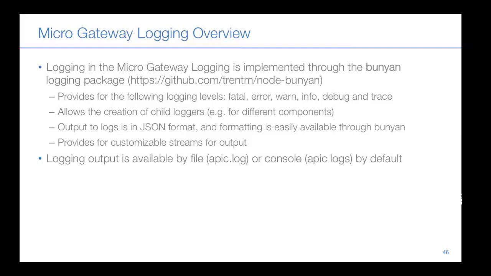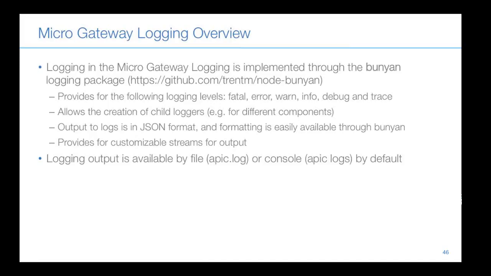Logging in the micro gateway is implemented through the Bunyan package, which is a Node.js thing. If you really want to understand how logging works in the micro gateway, it would probably be a good thing to look over and understand how Bunyan is configured, unless you just want the default, because it has a lot of flexibility in what it logs and the formatting.